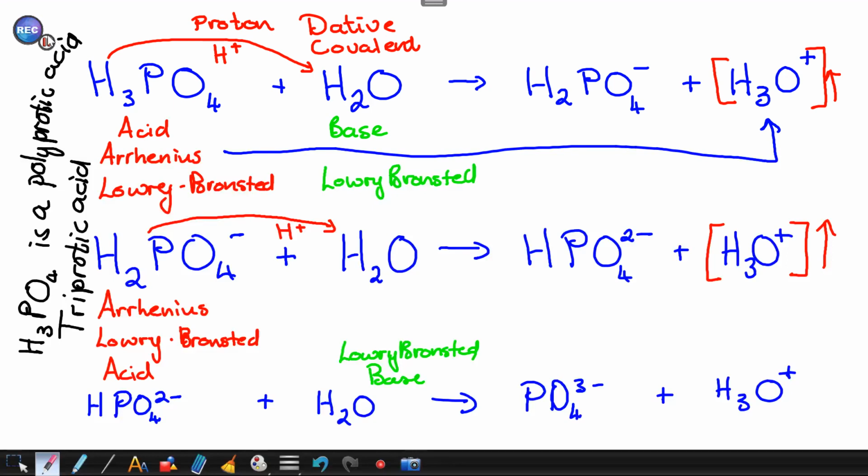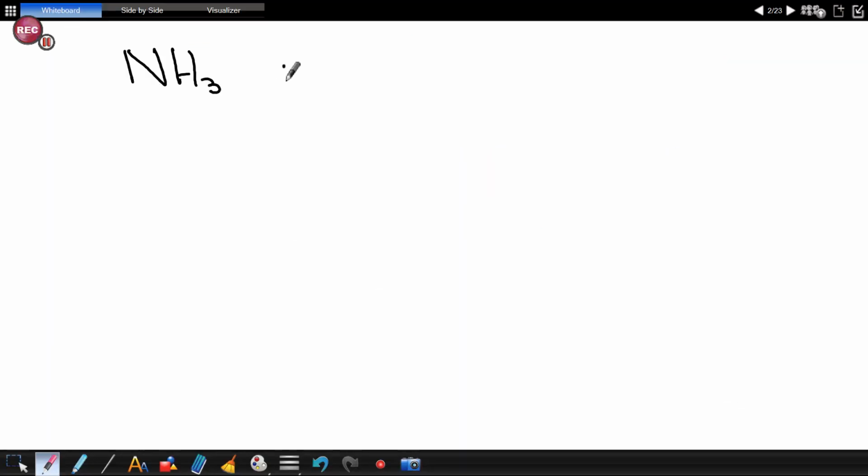When ammonia is mixed with water, we did do this one earlier this week. When ammonia is mixed with water, the nitrogen tends to draw the bonded hydrogen in the water towards it.